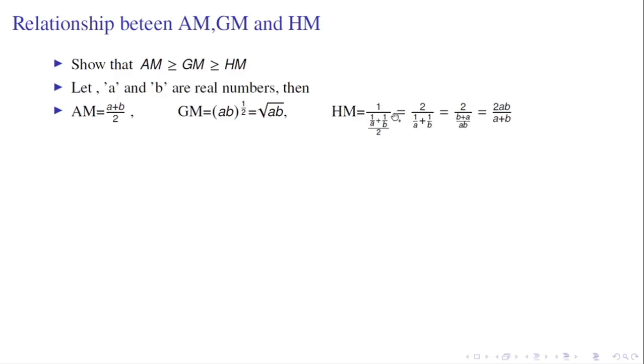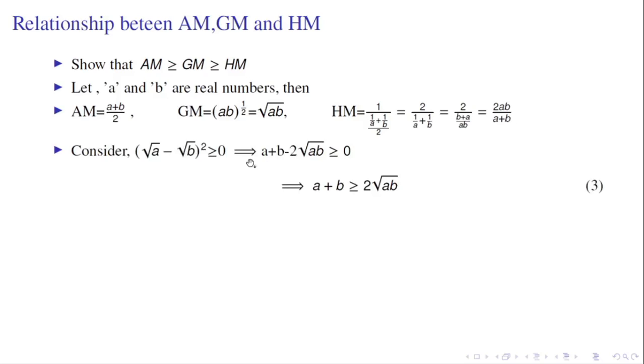HM is the reciprocal of this, so it becomes 2 by (1 by A plus 1 by B), which is 2 by (B plus A) by AB, and this is 2AB by A plus B. For any two observations, AM is (A plus B) by 2, GM is root of AB, HM is 2AB by A plus B.